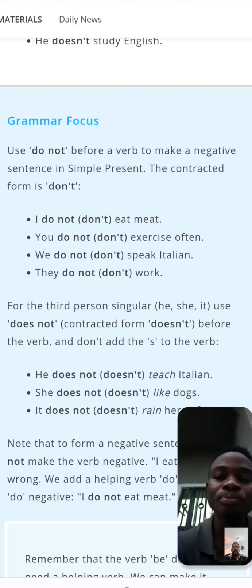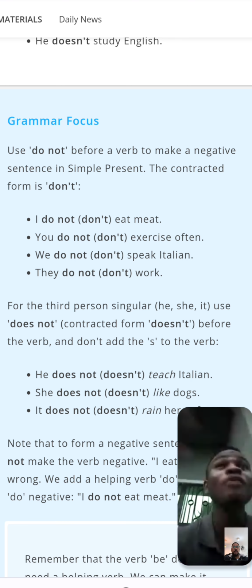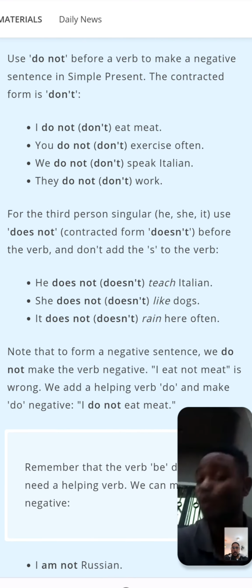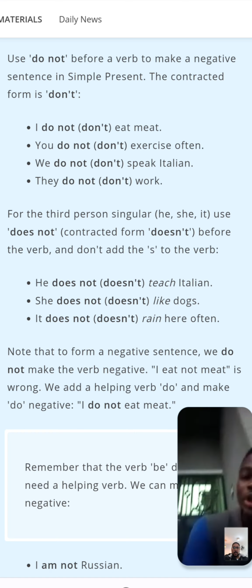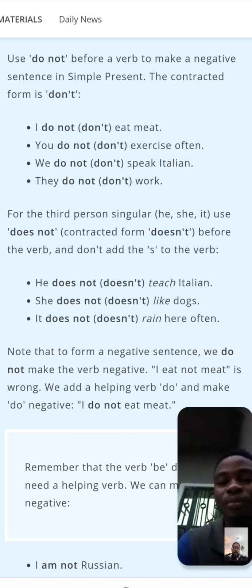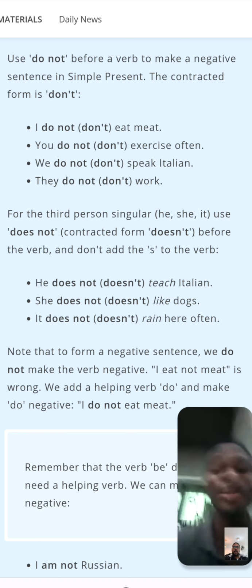It's only possible to negate a helping verb, and since we use the helping verb do to ask the question, we negate the helping verb. Then we place that before the main verb in the sentence to make the sentence negative.